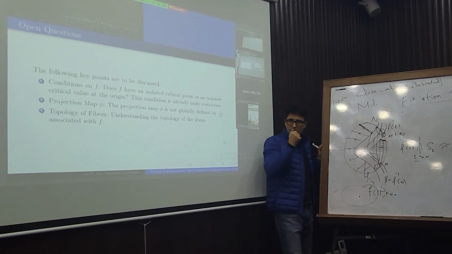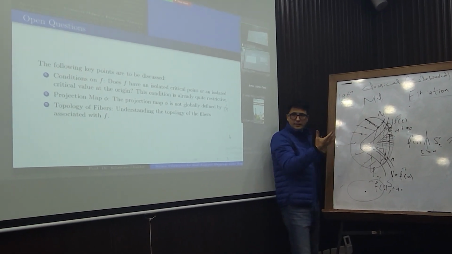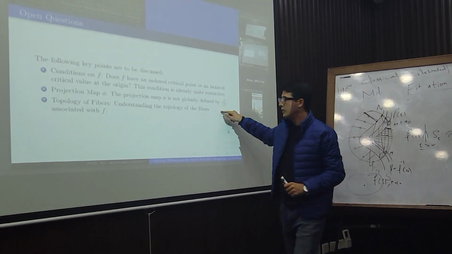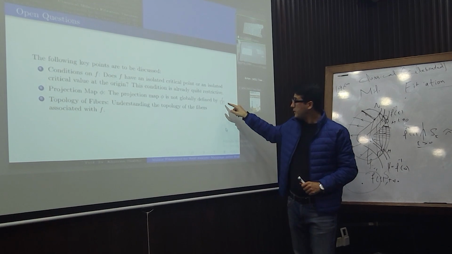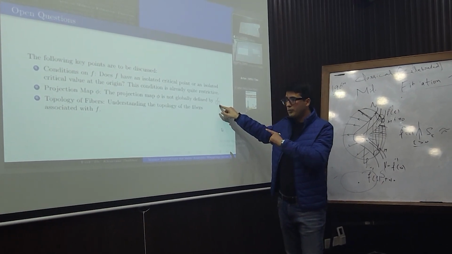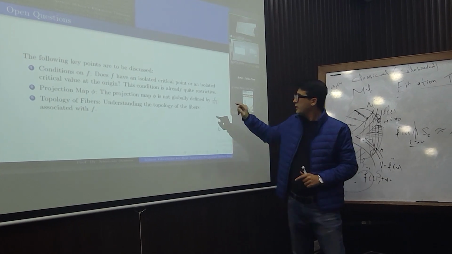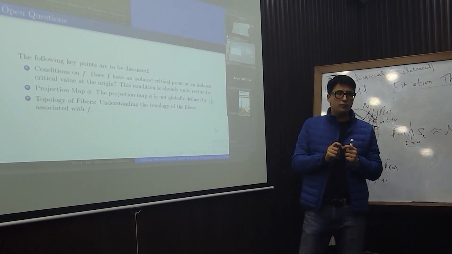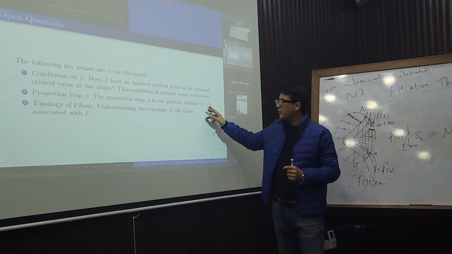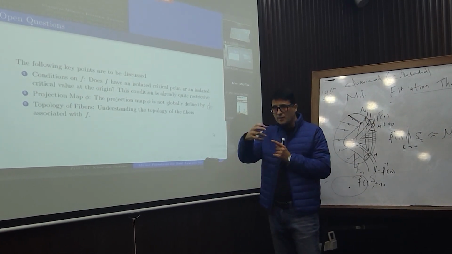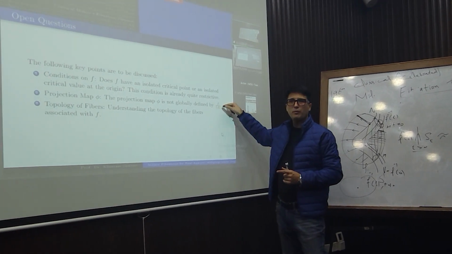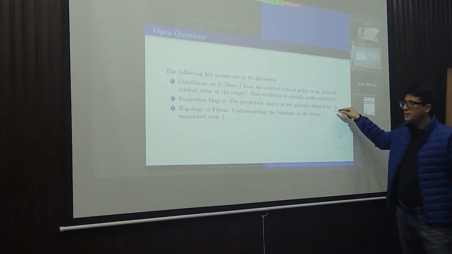In the real case you can inflate it, but that would not be coming from this beautiful map, F over the norm of F. This fibration from the sphere to the circle only comes from this map in the case of complex hypersurfaces. In the case of real, there is a map, but that map doesn't come from this special map, right?